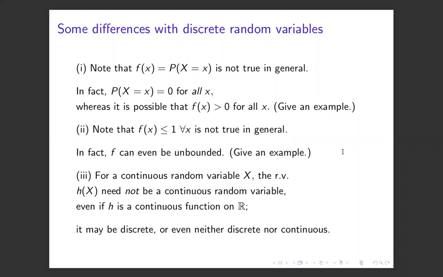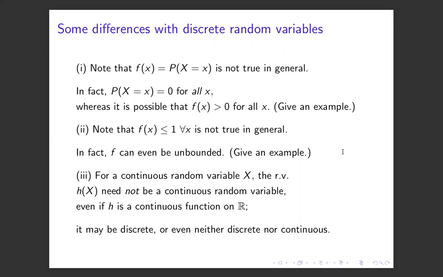However, in the case of a continuous random variable, h of x need not be a continuous random variable, even if h happens to be a nice function. h of x may be a discrete random variable, or neither discrete nor continuous. Of course, in some cases, h of x will also be a continuous random variable.